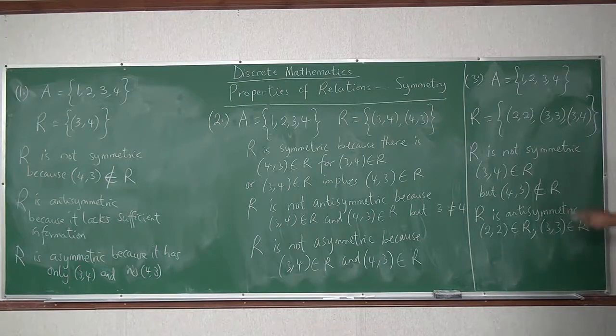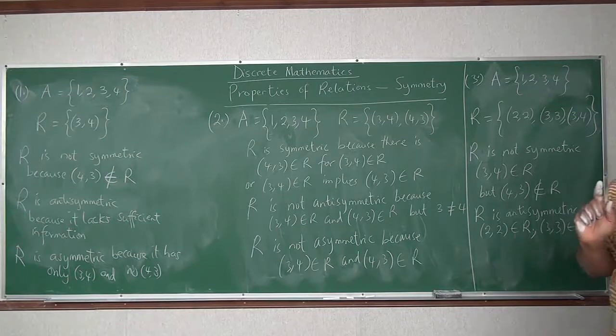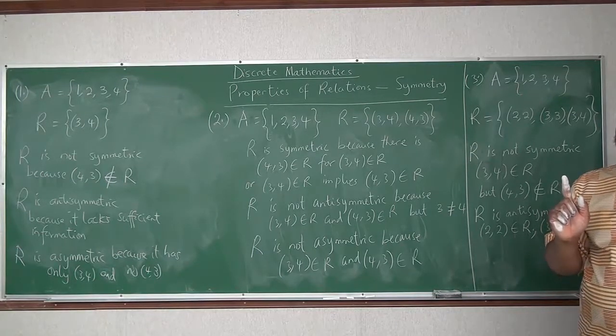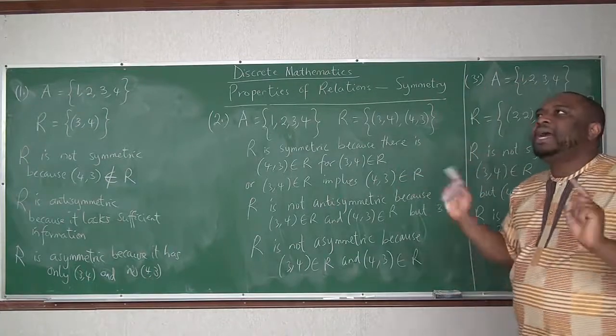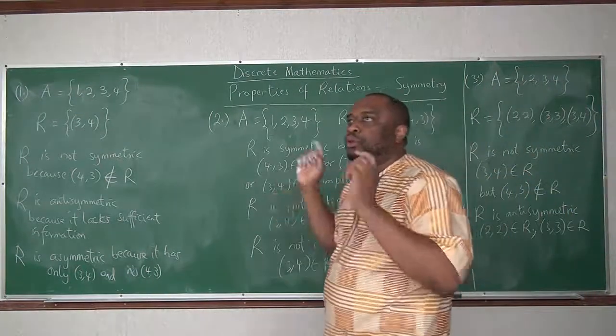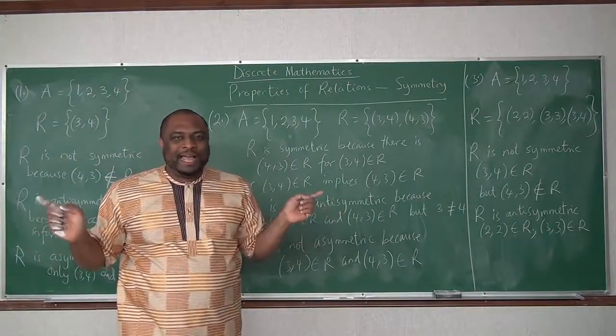Alright, here, is it asymmetric? It is not asymmetric. You know why? Because with asymmetric, you cannot have 2, 2, 3, 3, 4, 4. No way, you cannot have that.